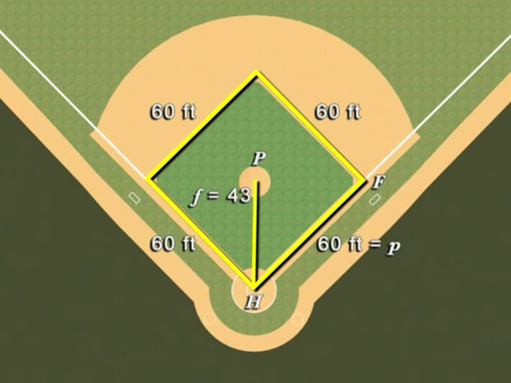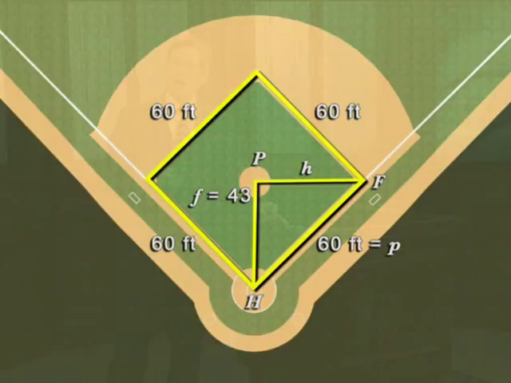So here are the questions I'm going to ask about softball fields. How far is it from home plate to second base? How far is it across that entire diagonal of this square? And the second question is, how far is it from the pitcher's mound to first base? Suppose you had to throw the ball from the pitcher's mound to first base. How far is it? The answer is slightly surprising.